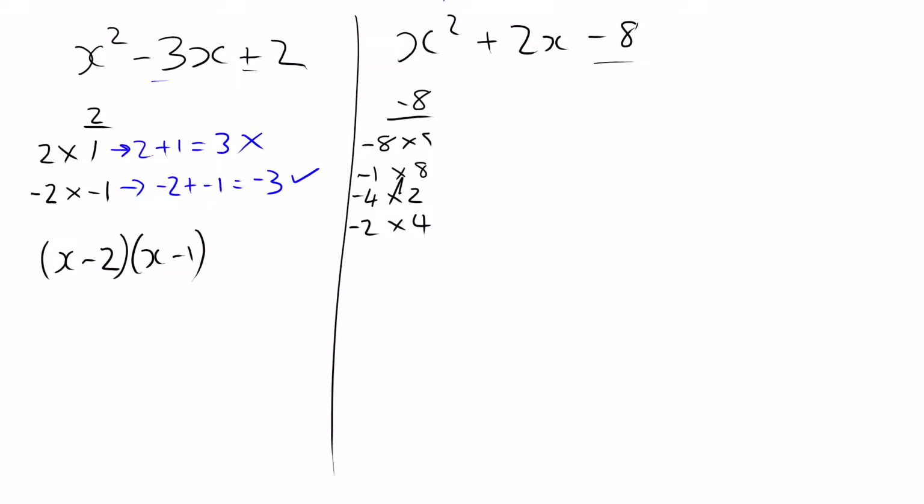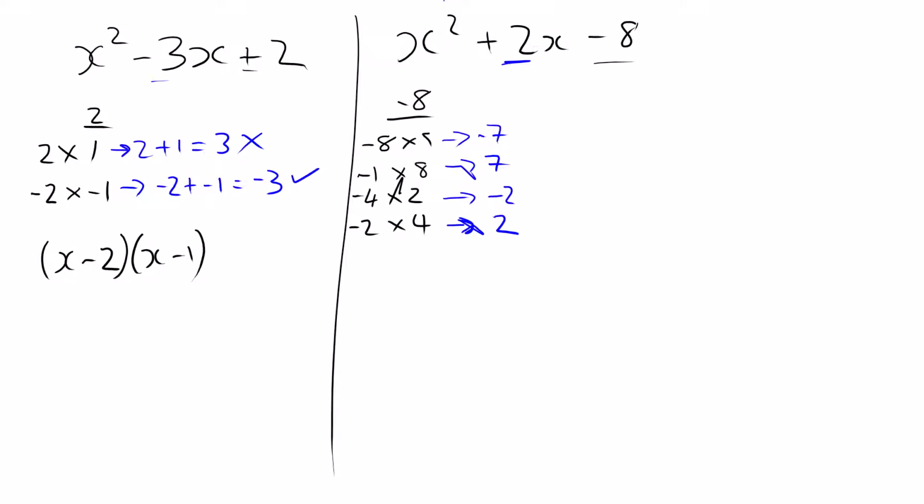So now if we add them together, negative 8 plus 1 is negative 7. 8 minus 1 is 7. 2 take away 4 is going to be minus 2. And negative 2 plus 4 will give us positive 2.